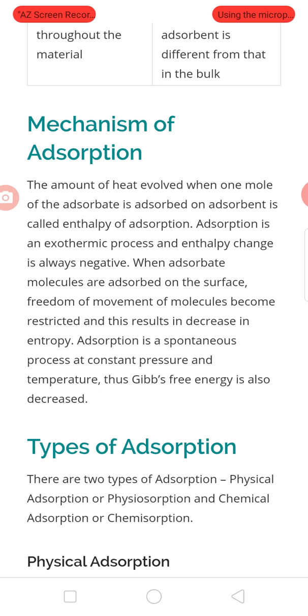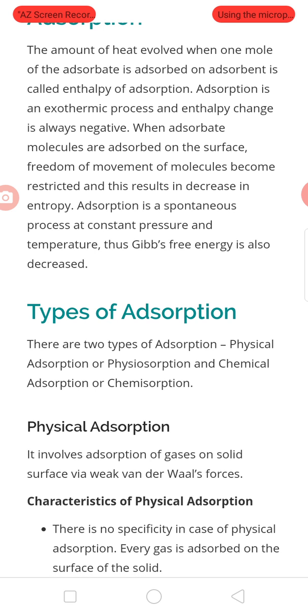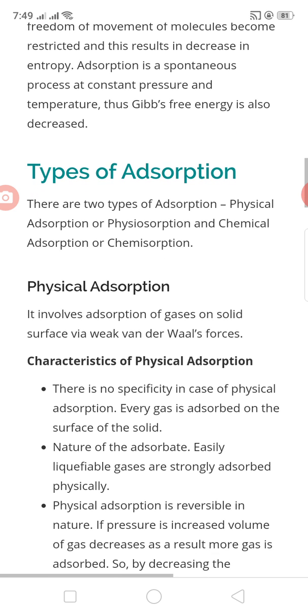Types of adsorption. Adsorption is generally considered with two types: physical adsorption, also known as physisorption, and chemical adsorption, also called chemisorption. Physical adsorption, number one, involves adsorption of gases on a solid surface via weak van der Waals forces.